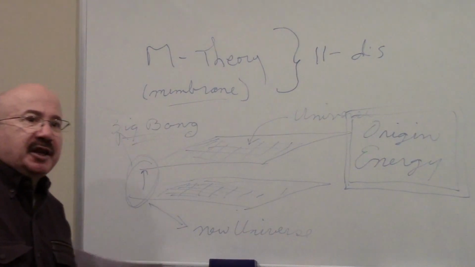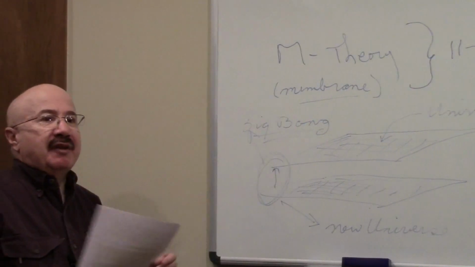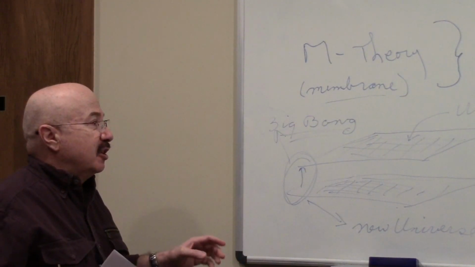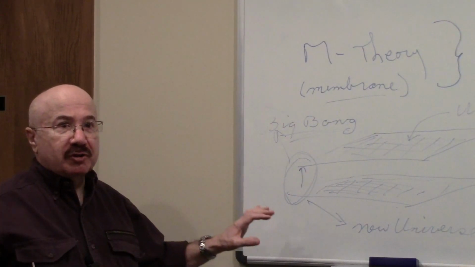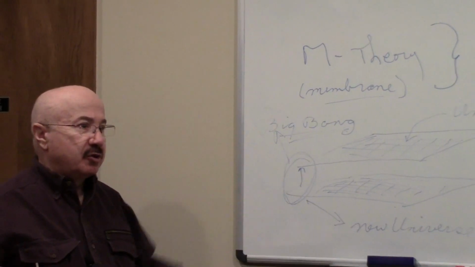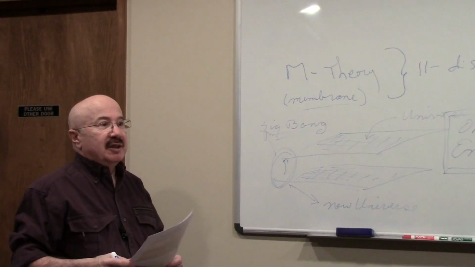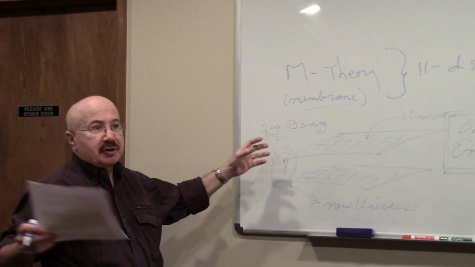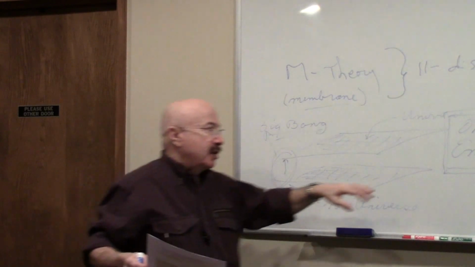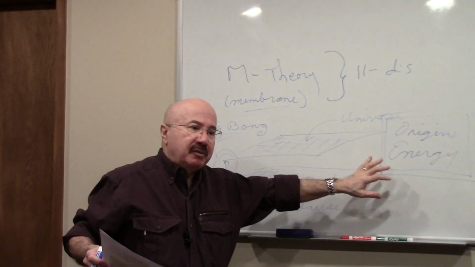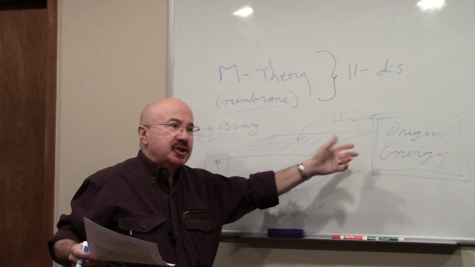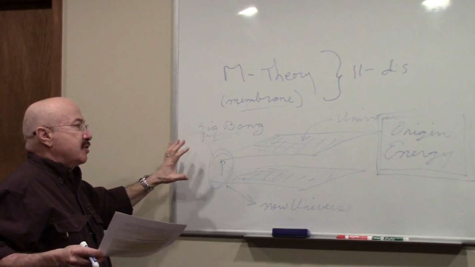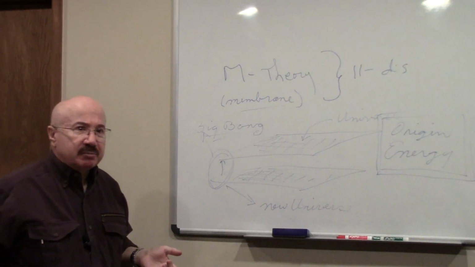Whether you look at the Big Bang, and I've talked about the Big Bang duality theory in my videos, and Lawrence Krauss out of Arizona State University has talked about the Big Bang being the result of a virtual particle in a super universe. I've talked about it being a particle pair, matter and antimatter, and that collision causing the Big Bang. But the basic issue is, where does all this energy come from?